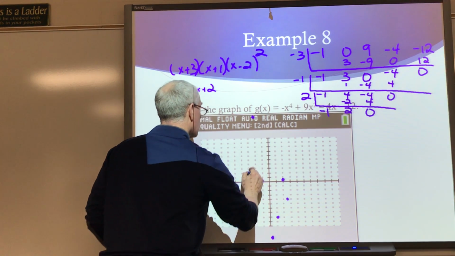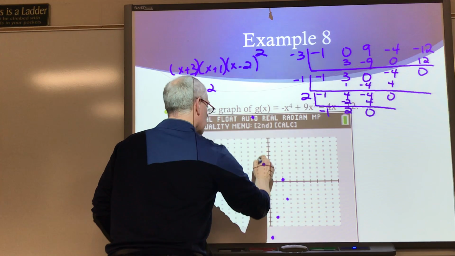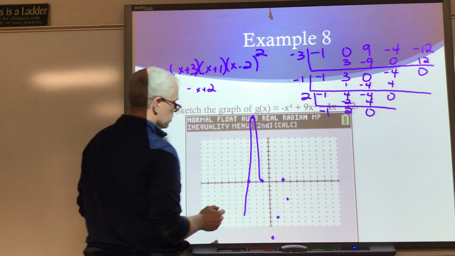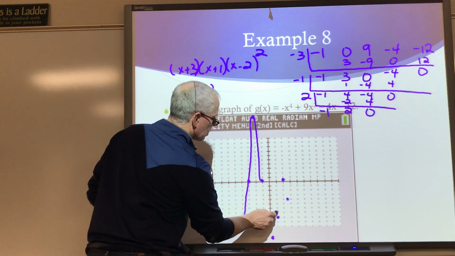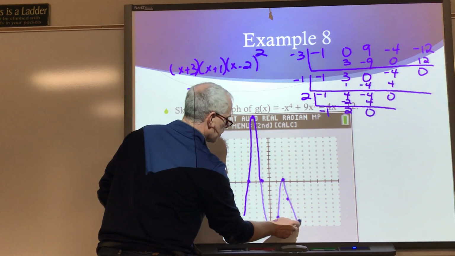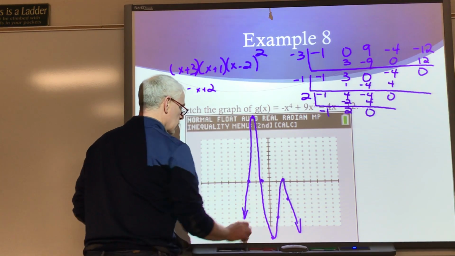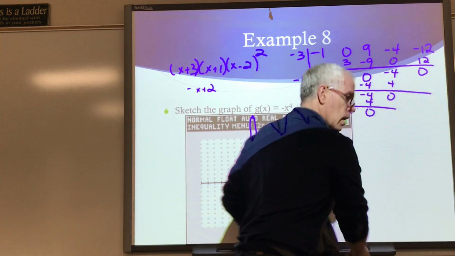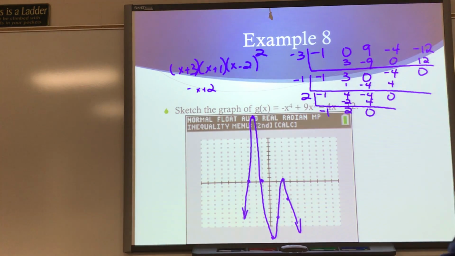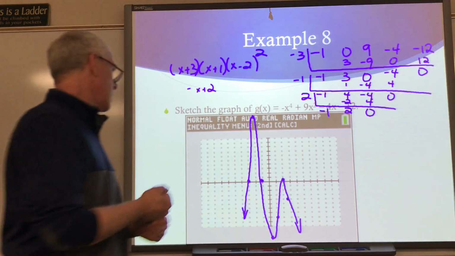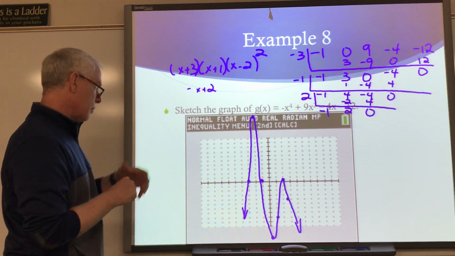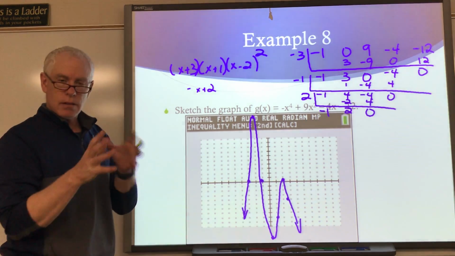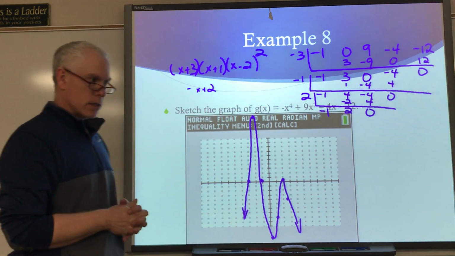So we're going from down up to this one, back down, okay? We're coming all the way down to here. We're going to return at that point and then head back down, okay? So I should get a graph that looks something like that when it's all said and done, okay? Again, not perfect, but I've got the zeros, I've got the y-intercept, I've got the multiplicities, all of that kind of stuff, okay?